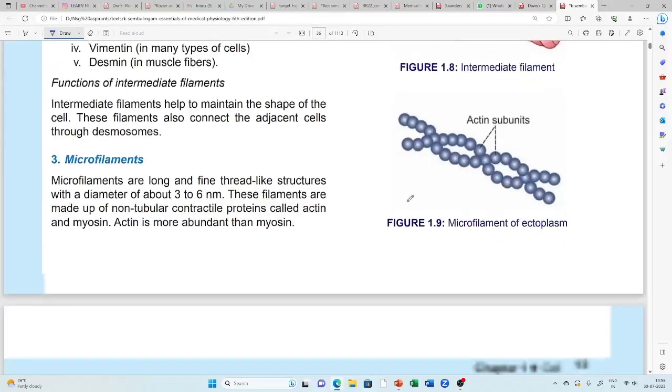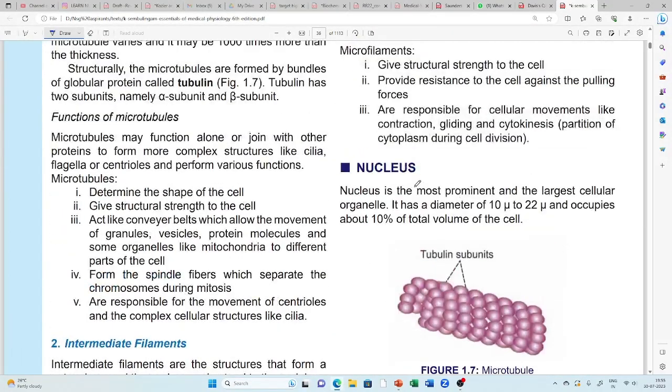The next important organelle in our cell is the nucleus. Very important. The nucleus is the most prominent and largest cellular organelle in the cell, found in the center of the cell, and it is known as the controller of the cell.